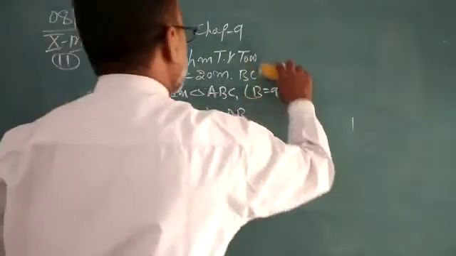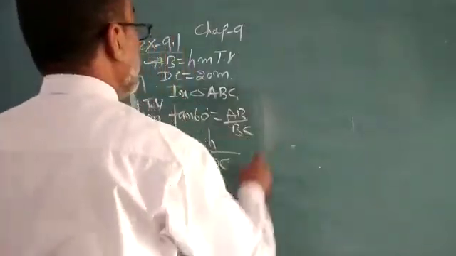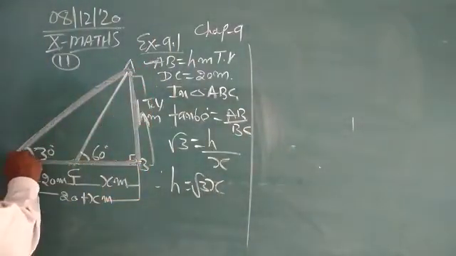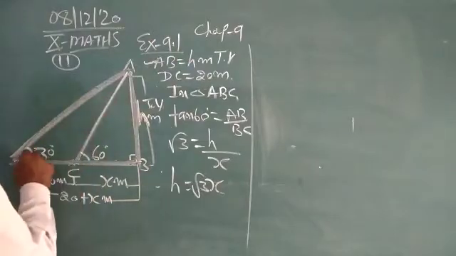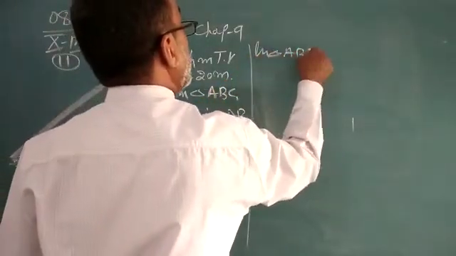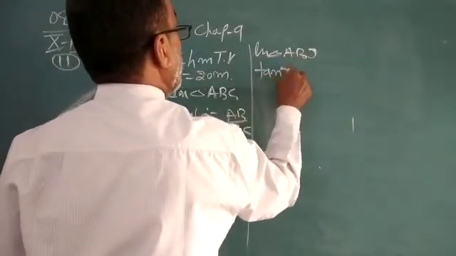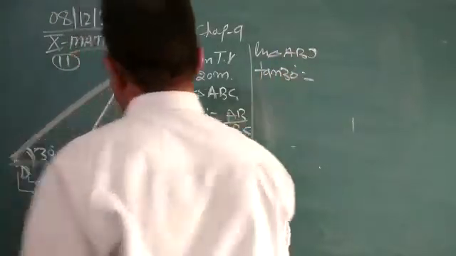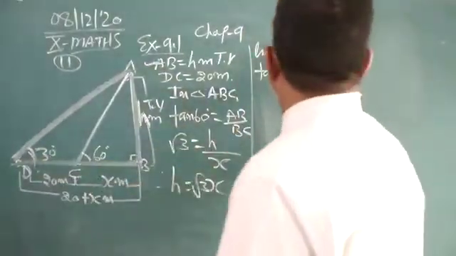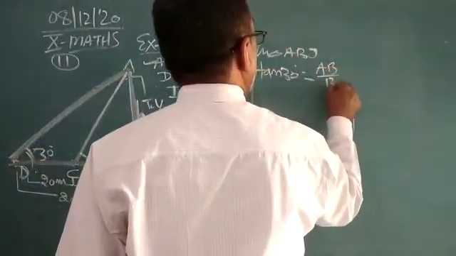Now the second part: in this triangle ABD, you take tan 30. In triangle ABD, tan 30 means opposite upon adjacent, AB upon BD. So we write AB upon BD.